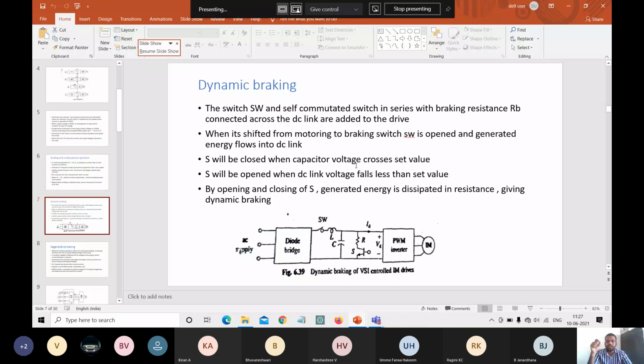And at that time the DC link voltage reduces. So after crossing the prescribed limits, the energy stored in the capacitor is discharged into the resistance, and the voltage reduces below the set value.